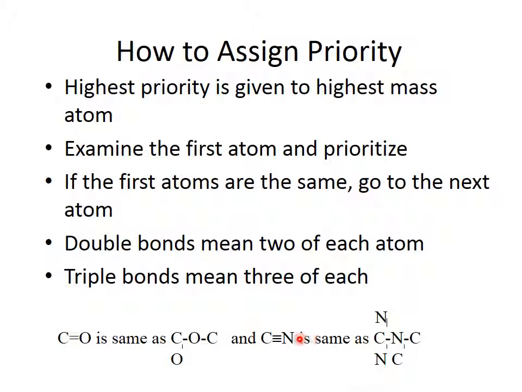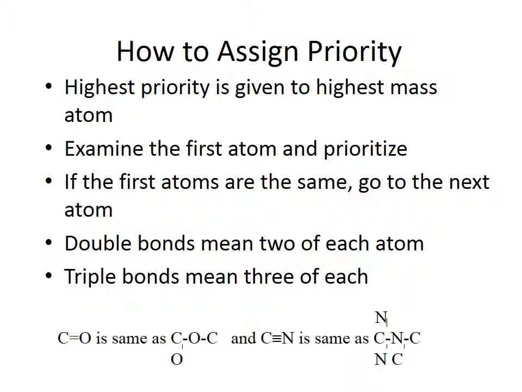And if I have a triple bond, we consider it to be 3 nitrogens attached, but 1 nitrogen is considered to have 2 carbons being bound back to it, or that it is binding back to 2 carbons. So we have to consider that when we do priorities.